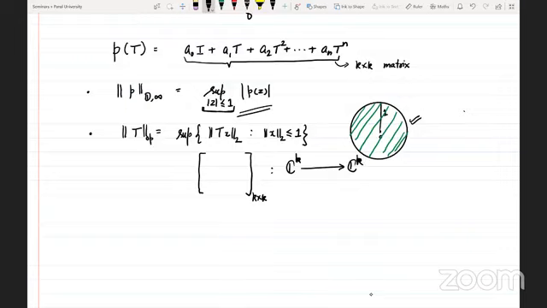Now on C^k, there is a very well-known norm, and that is the Euclidean norm, right?